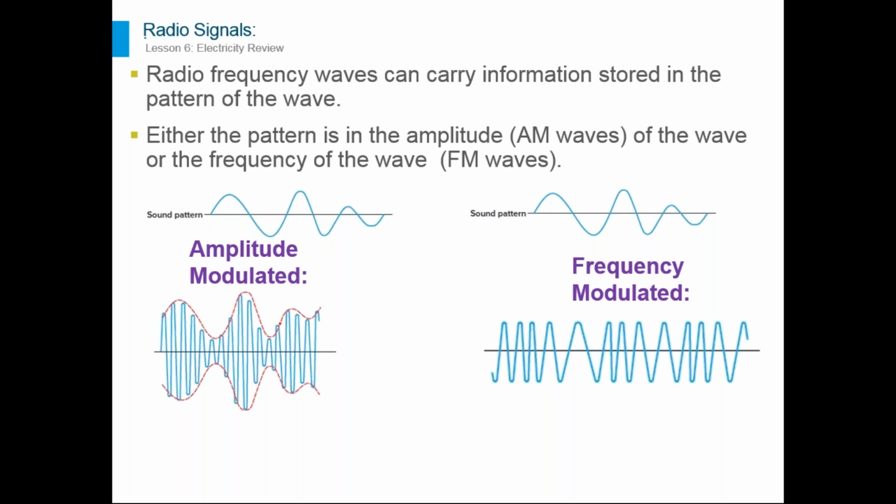In these waves, it's the height away from the starting point. Or the pattern is shown in the frequency. So if this is our pattern, it's shown here in the frequency of the waves, how they get further apart and closer together at different intervals. So this is why we have AM radio and FM radio. The AM, all of the waves carry a pattern like that, and FM, they all carry a pattern like that.